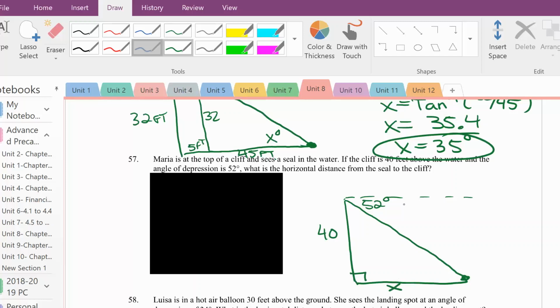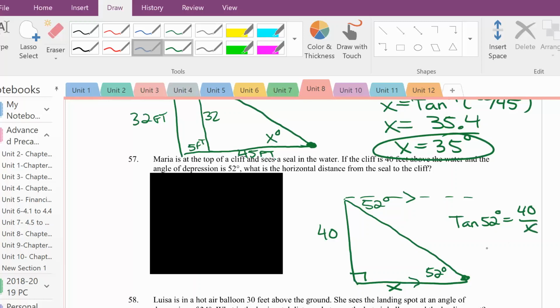Now, the thing about these two lines here is that they're parallel, so the angle of depression and the angle of elevation are the same because of alternate interior angles. So therefore, the angle of depression is also 52. So when we set this up here, we have tangent 52 degrees equals 40 over x.